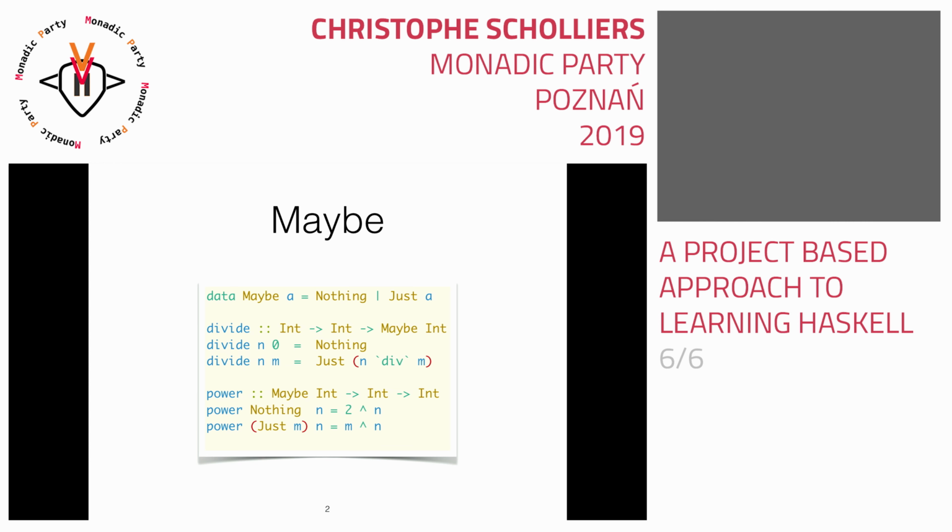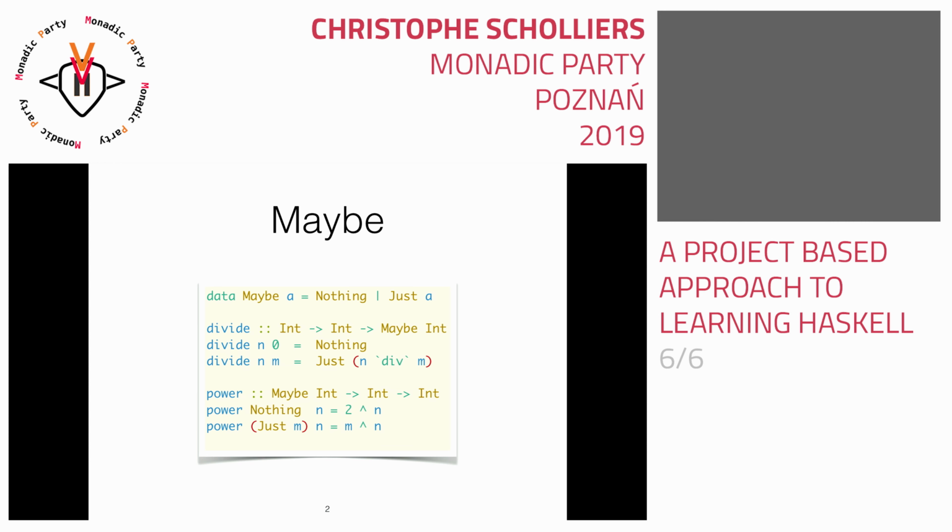So data Maybe, that's the name, and then it takes one type argument to be a complete type. So Maybe itself, which kind does Maybe have? Star to star, right? And so it has two constructors. The Nothing constructor, and that indicates that there is no result.